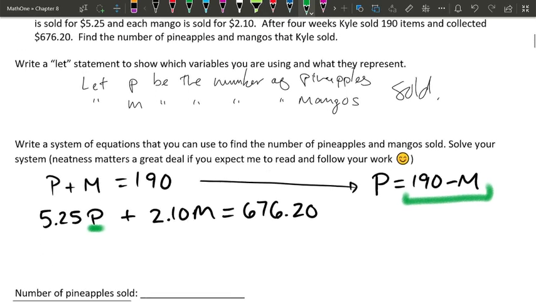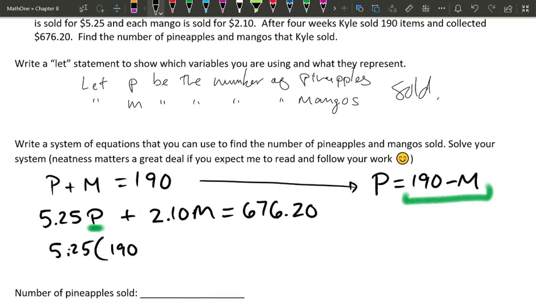So what I'm going to do now is use that substitution for P in my second equation. So this second equation is going to become $5.25 times (190 minus M) plus 2.10M equals 676.20. Okay, so let's distribute this 5.25. So $5.25 times 190 is, woo, it's a lot.